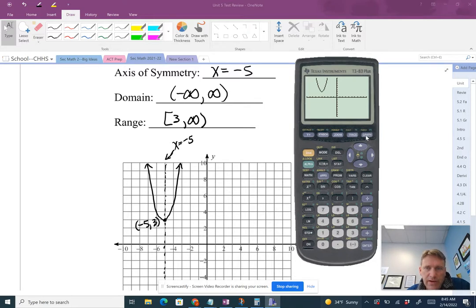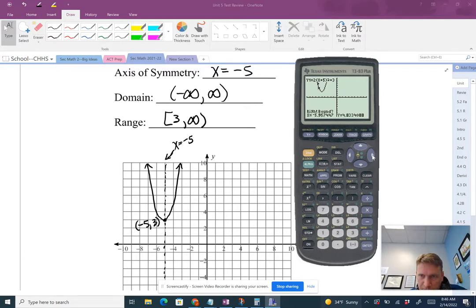You can also find, if I wanted to verify what the minimum was, what the vertex was, I could do second function trace to get to the calc menu. The vertex is a minimum, so I hit 3. It asks me for a left bound, I move over. I have to keep pressing it until it appears on the screen. I want it to go to the left of where the minimum is, so I hit enter.